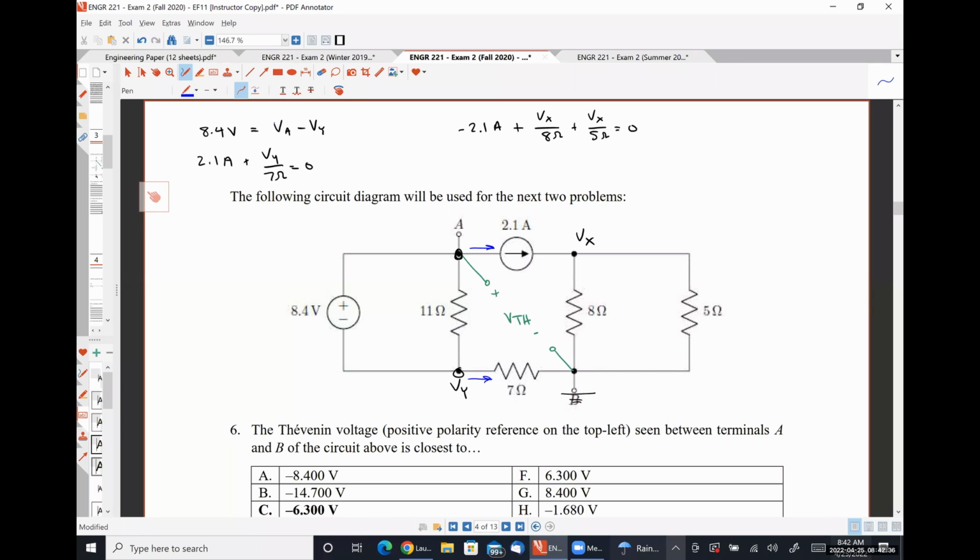So that would be the current leaving node A through the 2.1 amp source, the current leaving node A flowing down through the 11 ohm resistor, the current leaving node Y through the 7 ohm resistor, and the current leaving node Y flowing up through the 11 ohm resistor. Well, I have the current flowing down through the 11 ohm resistor plus the current flowing up through the 11 ohm resistor. Those two have to represent the same current flowing in opposite directions. So when I add them together, they just make 0. So I just don't put it in the equation because it's a waste of space.